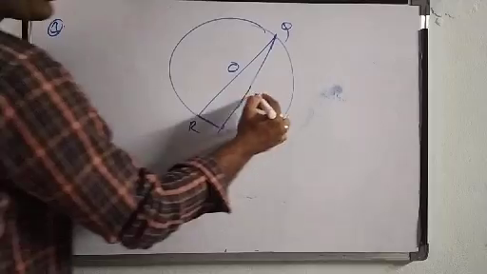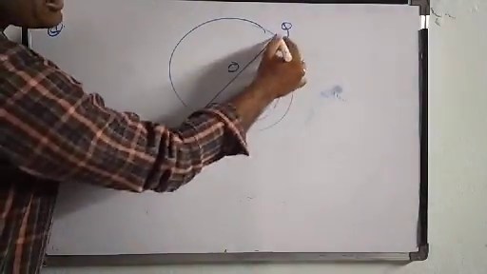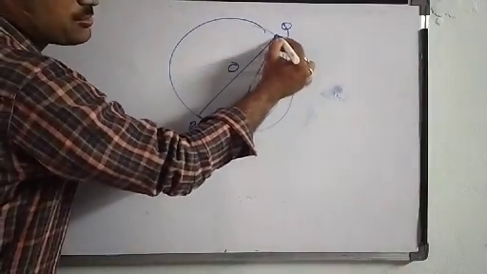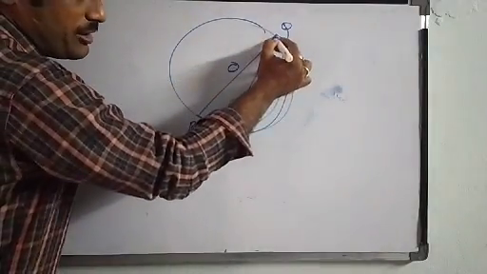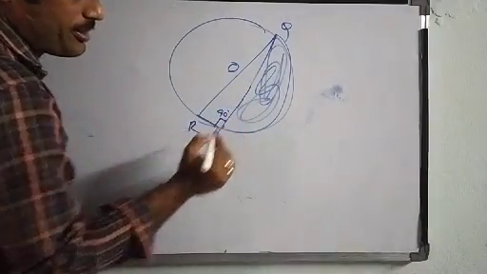He is asking the shaded region area. So it is nothing but area of semicircle minus area of this right angle triangle. Make sure that angle in a semicircle, this forms a semicircle. So in a semicircle, if any triangle is drawn, it is going to make 90 degrees.